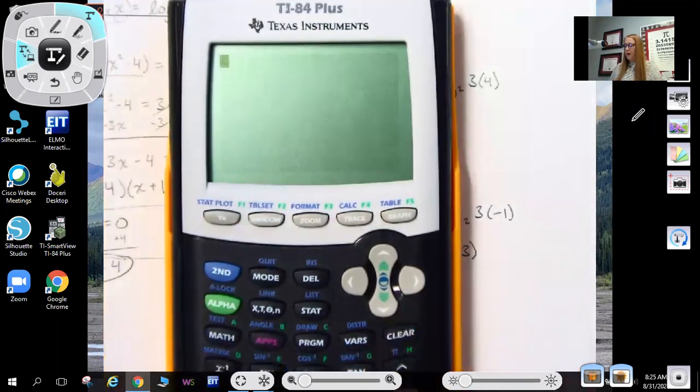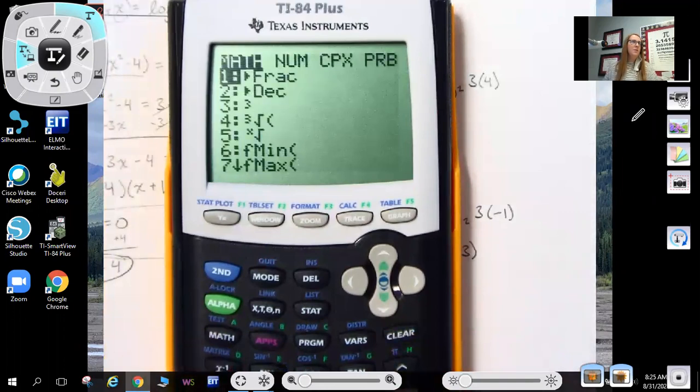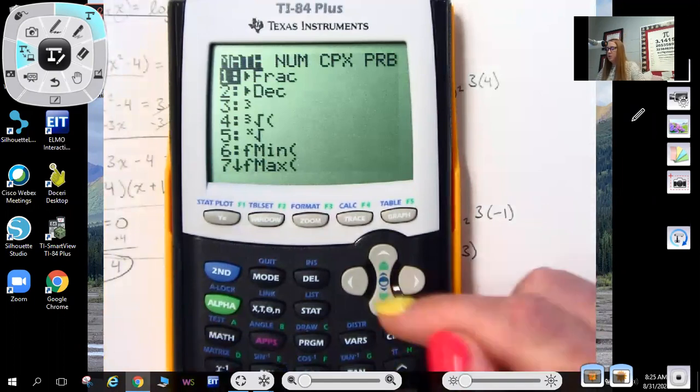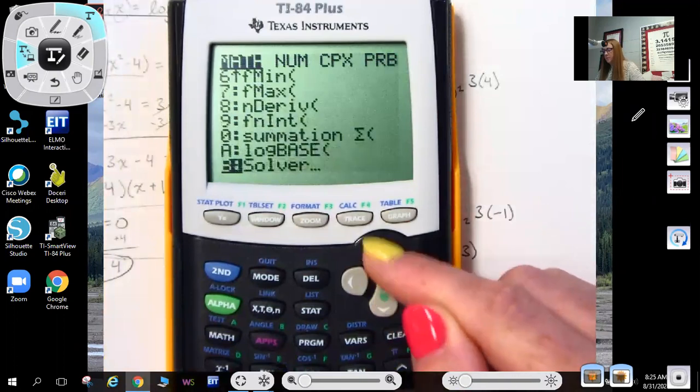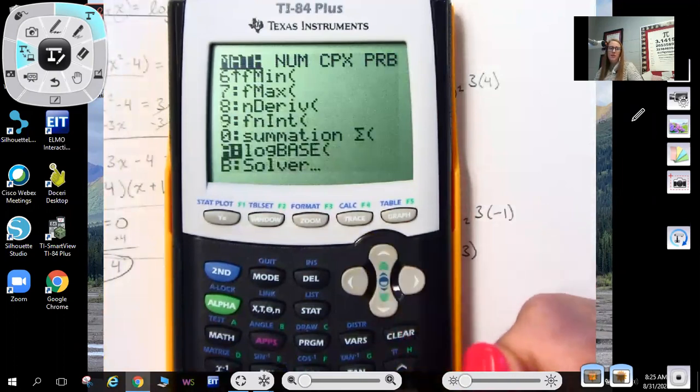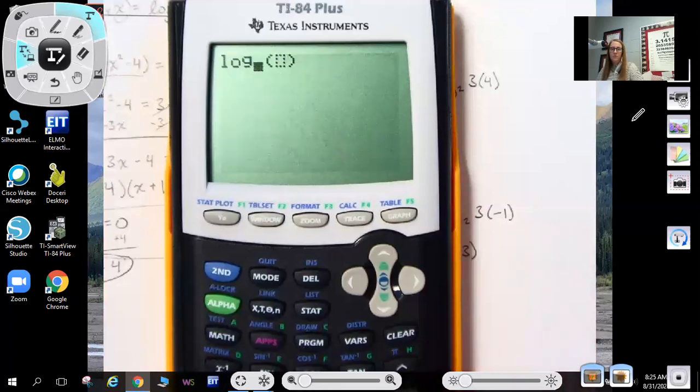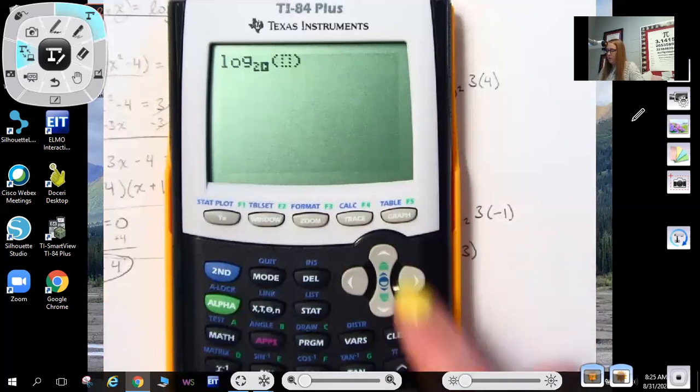If you press math, which is just below the alpha button, it brings up this list of functions. You're going to scroll all the way down to the bottom, or almost all the way to the bottom, where it says log base, and press enter. That's how you can find the value of any logarithm. So now we can plug in what we're looking at right now, which is log base 2 of -3.